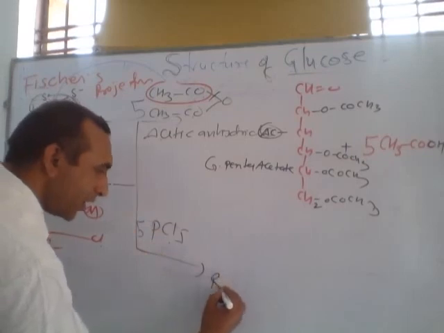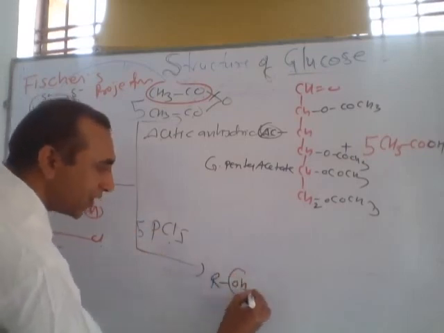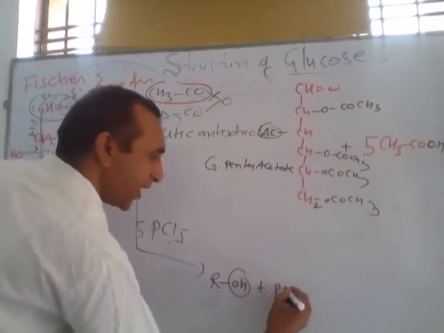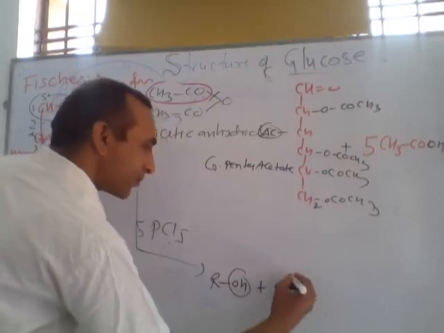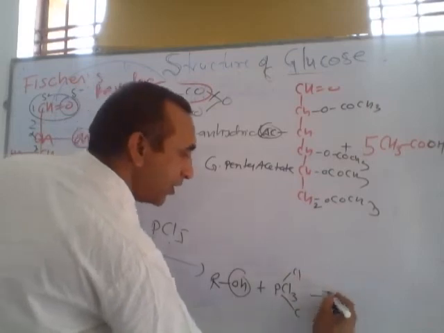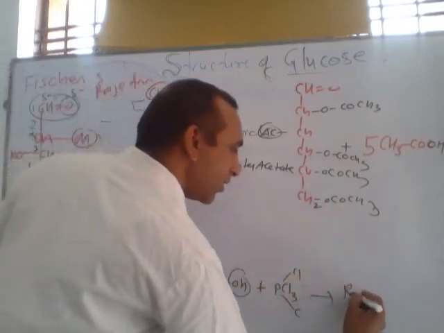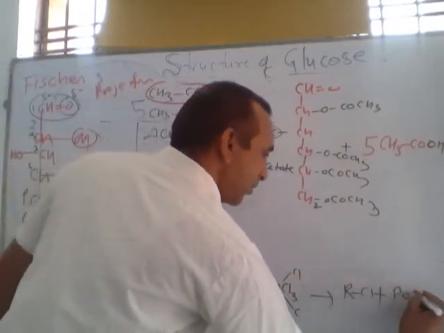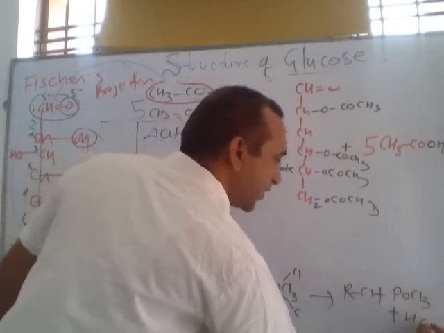If in any compound there is 1 OH, 1 PCl5 molecule reacts and after the reaction it forms RCl, POCl3 and HCl.